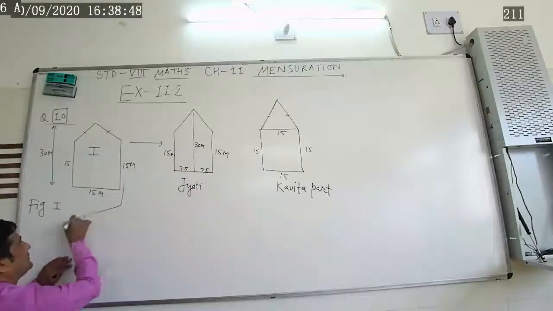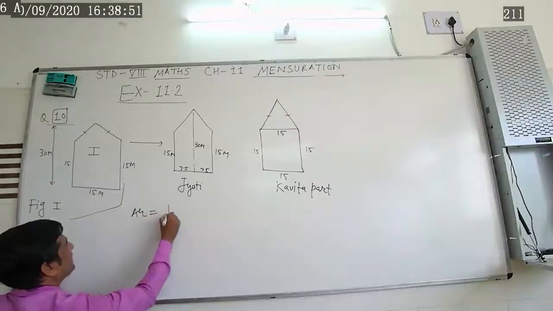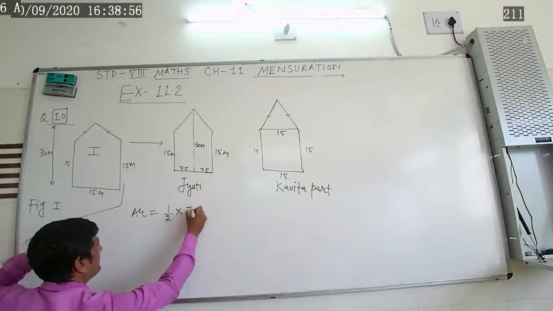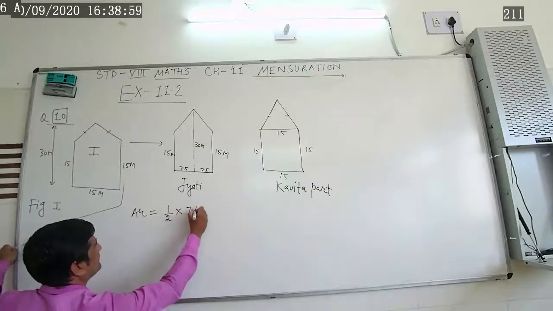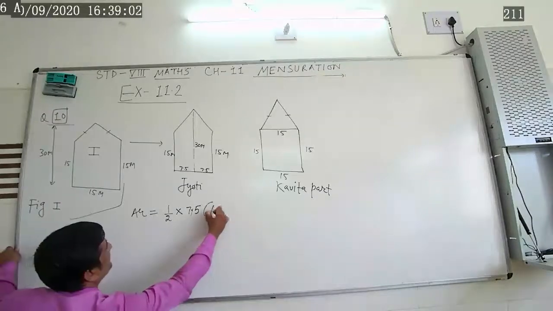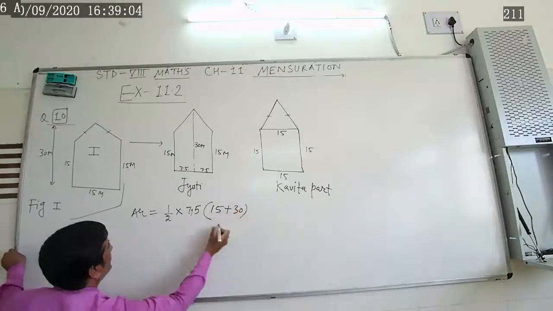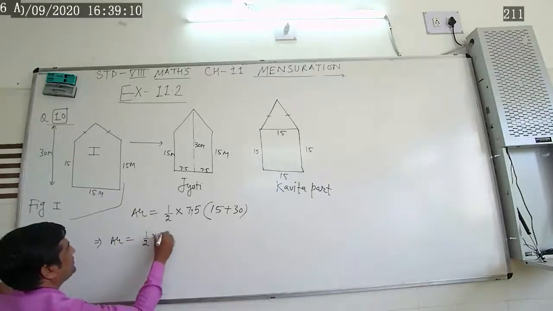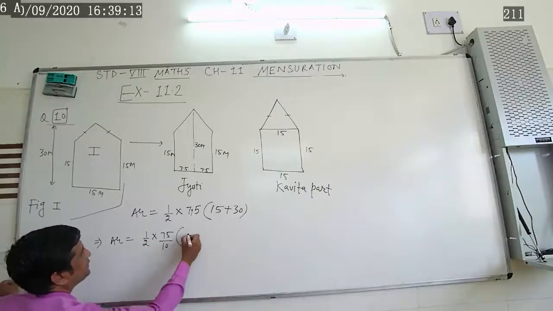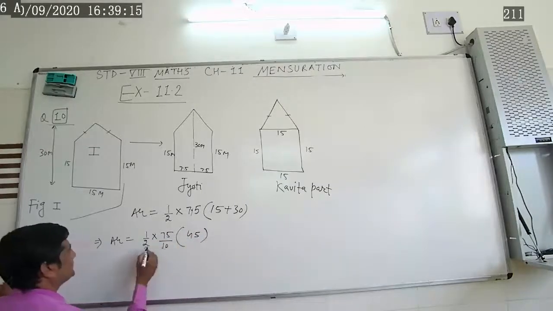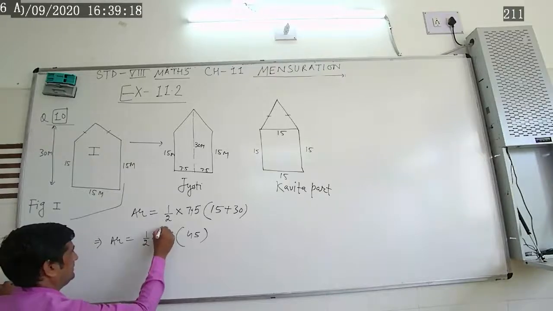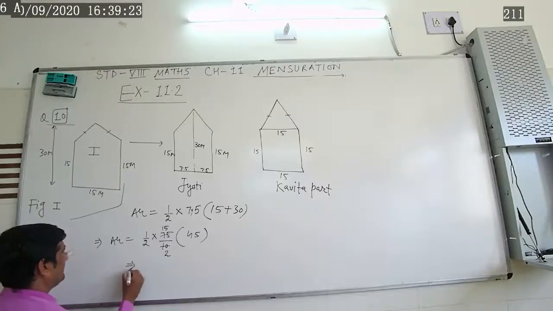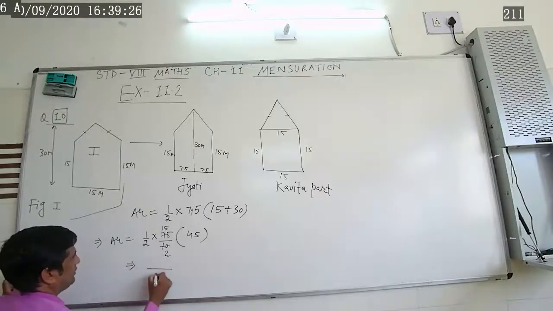Area is equal to 1/2 into H, value 7.5, into A plus B, 15 plus 30. This will give me 1/2 into 75/10 into 45. That will give me over 4.